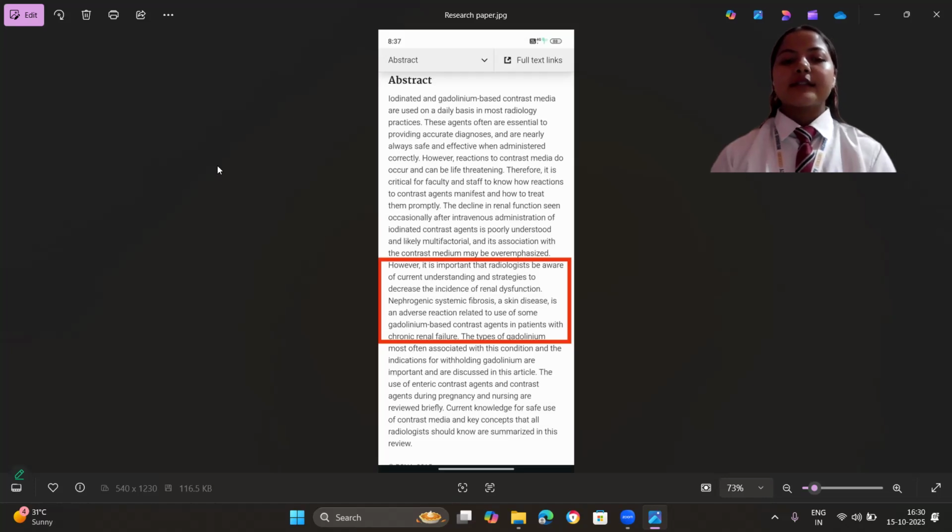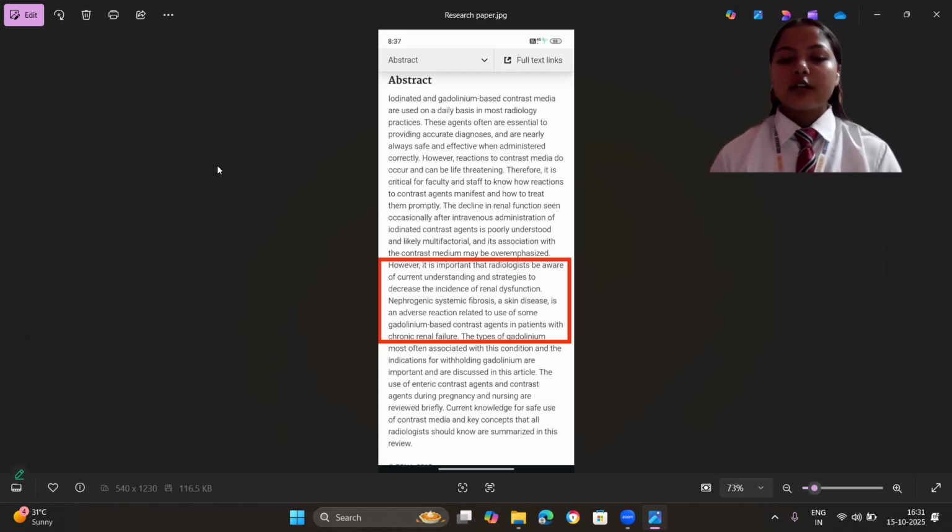They are generally safe and effective when administered properly. However, this research paper highlights that adverse reactions can still occur and sometimes may be life-threatening. That's why it's crucial for radiology staff to understand how these reactions happen and how to manage them properly.